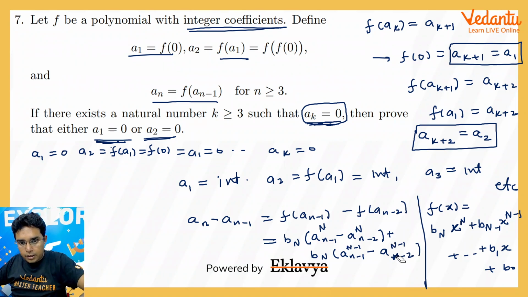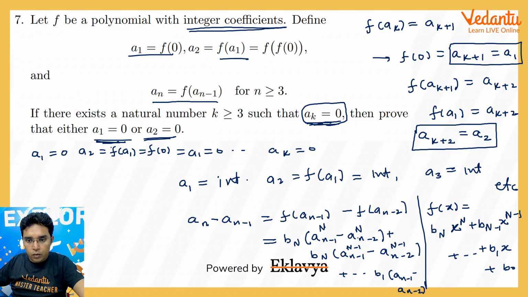Let me correct it. And so on and so on. The last one would be b1 into an minus 1 minus an minus 2. So what you can notice here, all these terms are such that you can take an minus 1 minus an minus 2 common.